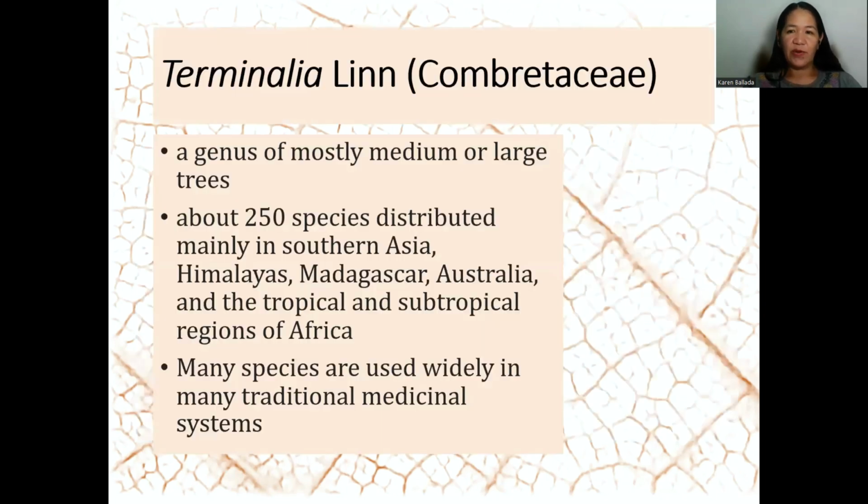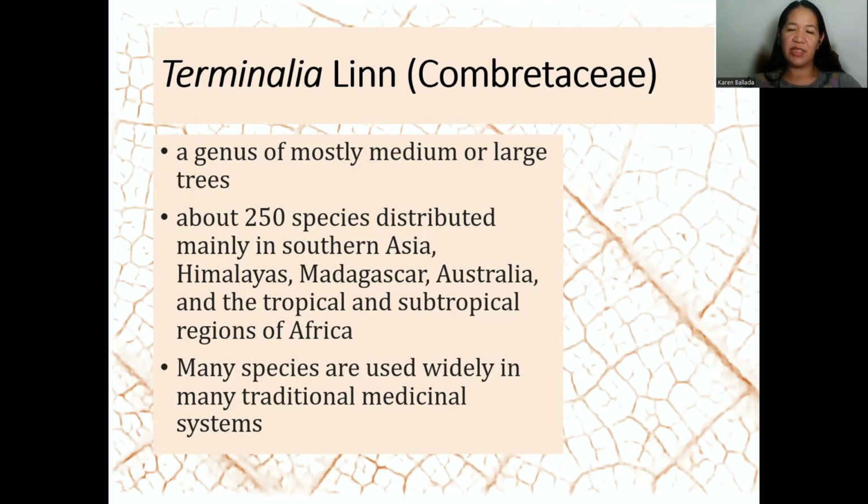Okay, the next group is the Terminalia, under family Combretaceae. Terminalia is a genus of mostly medium or large trees, and this includes our talisay, Terminalia catappa.